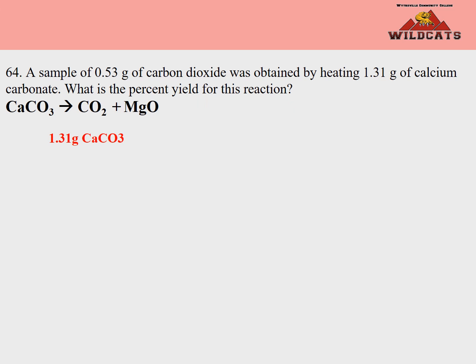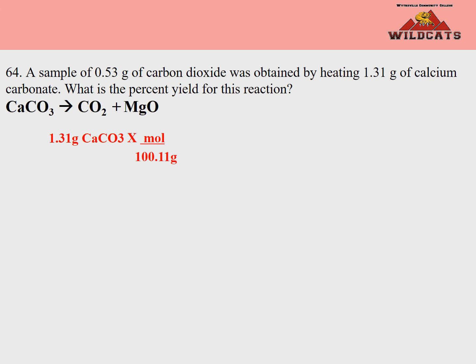So I've got, let's see, a sample of carbon dioxide, and I've got 1.31 grams of calcium carbonate. What is the percent yield of this reaction? So I'm given an actual yield, and I'm given an amount that I started with, so I'm going to have to do a grams to grams problem.